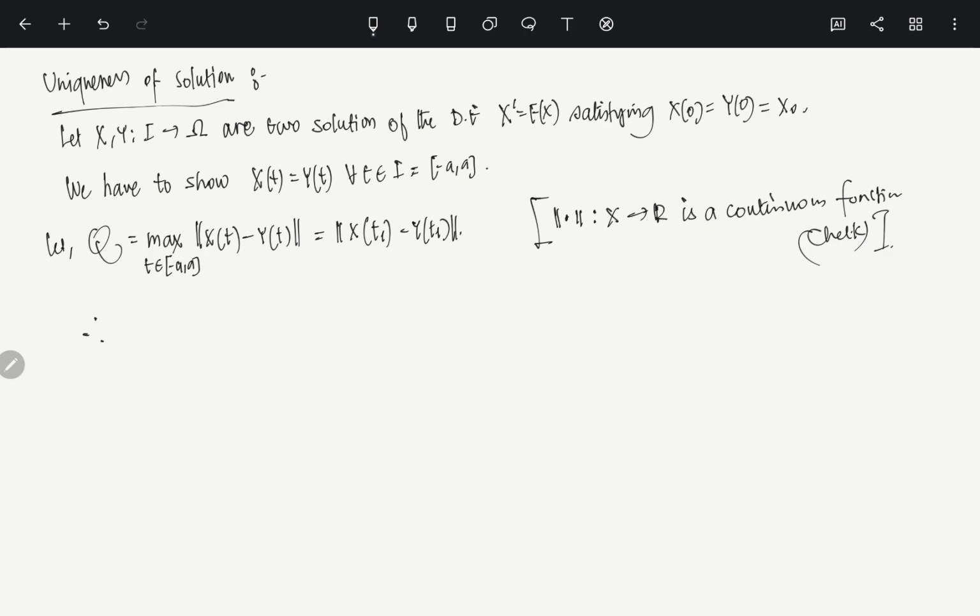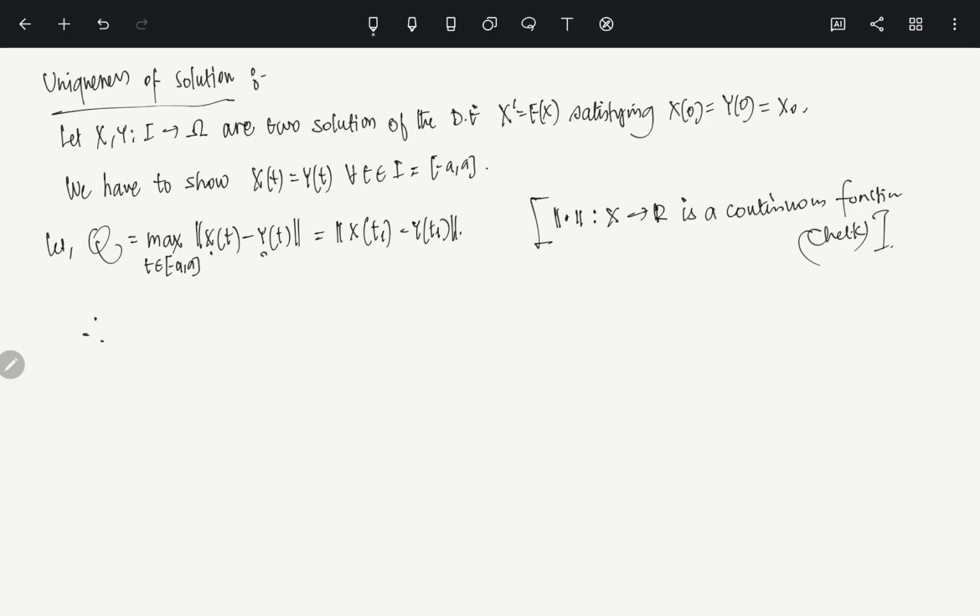If you remember properly, think of one inequality. I already proved it. So it is a continuous function, and moreover it is Lipschitz continuous actually. And these x and y are continuously differentiable, so x minus y is continuously differentiable. Norm of x minus y is basically a composition, so it's a continuous map. And on a compact set minus a to a, a continuous map has a maximum.